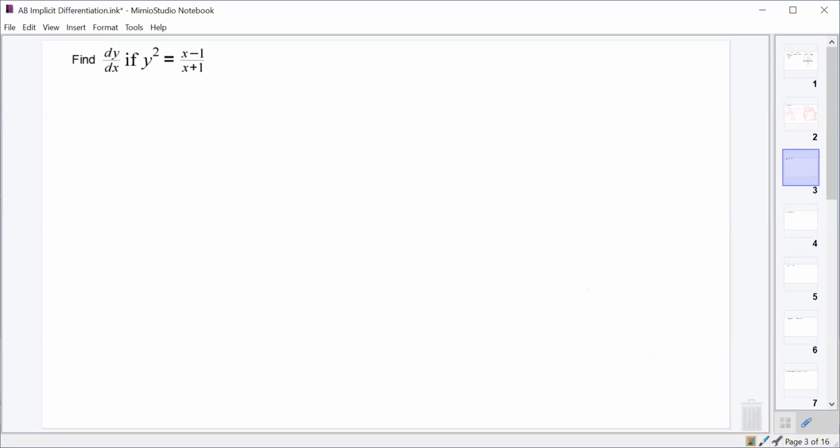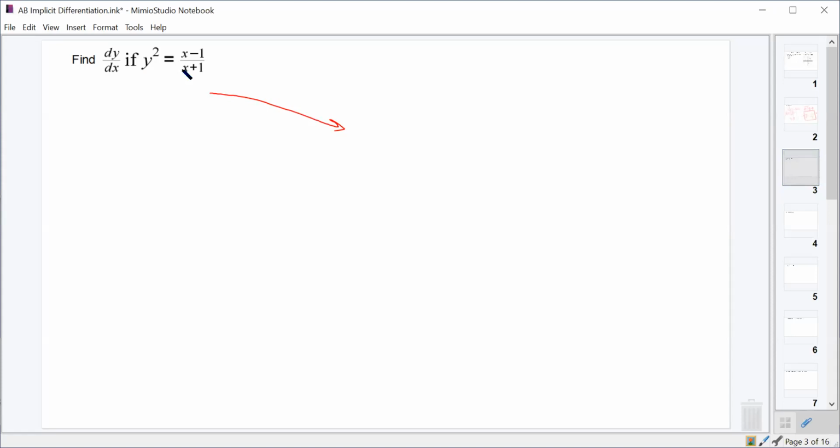So let's do another one. This one I think should be pretty straightforward also, I hope. If we want to take the derivative of both sides with respect to x, what does the left-hand side become?